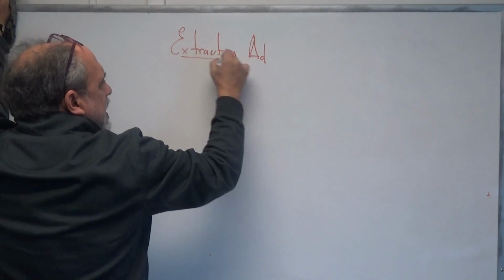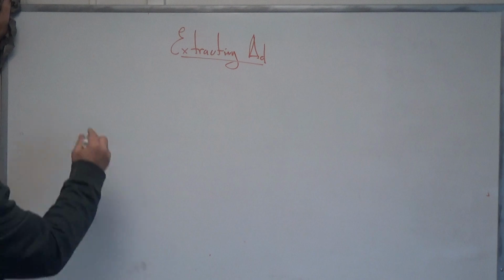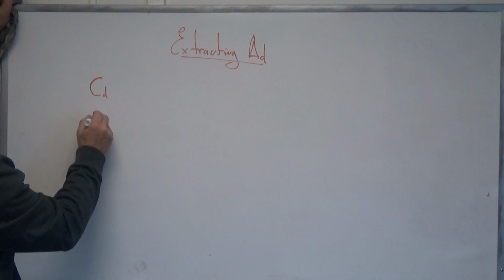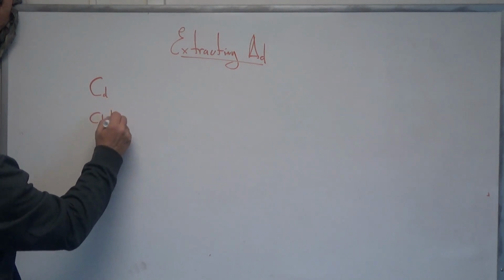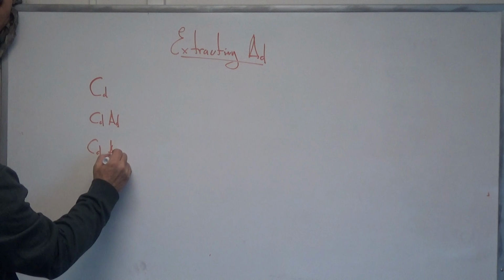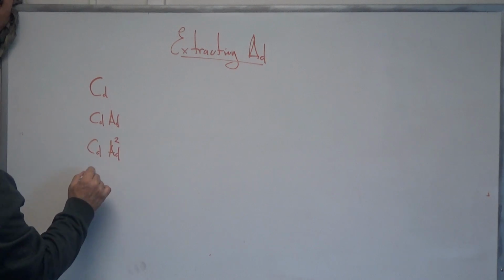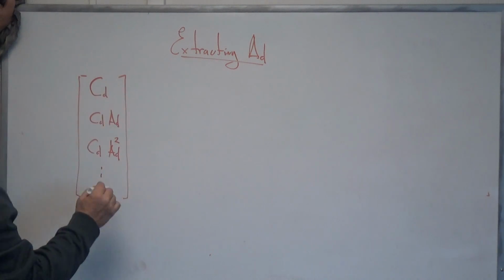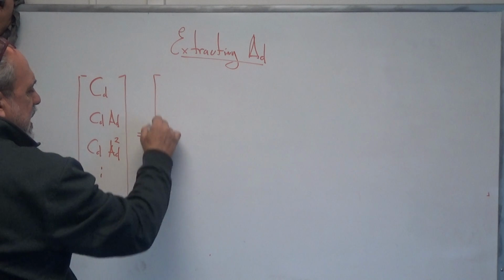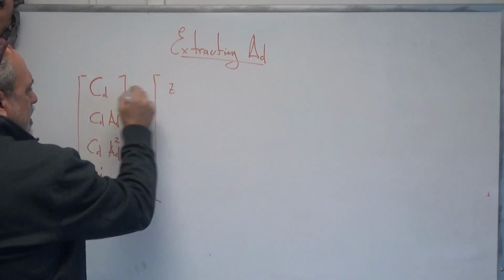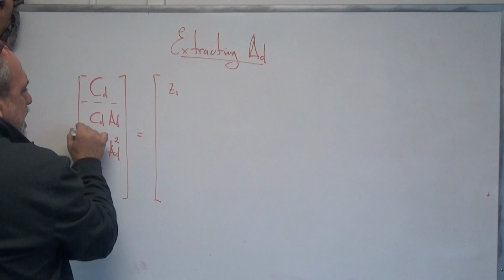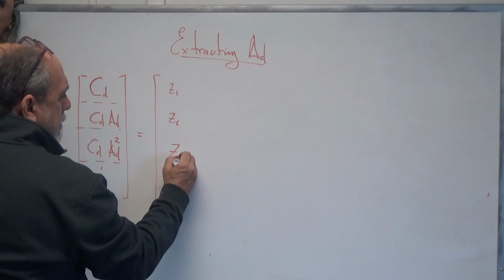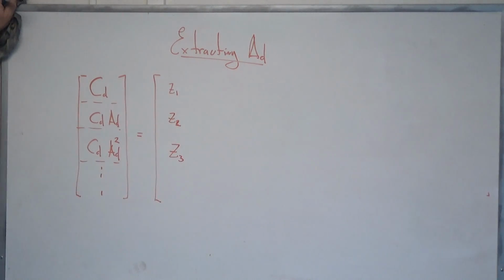Extracting A discrete. Okay. Now, the observability block is CD, CD, AD, CD, AD squared, etc. Now, let's say that we call this thing Z1, Z2, Z3, and so on, right?